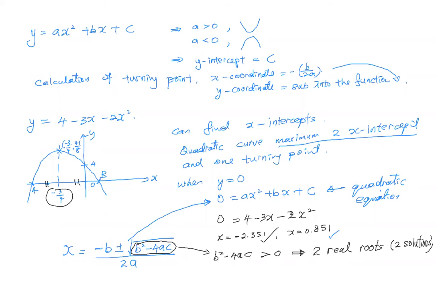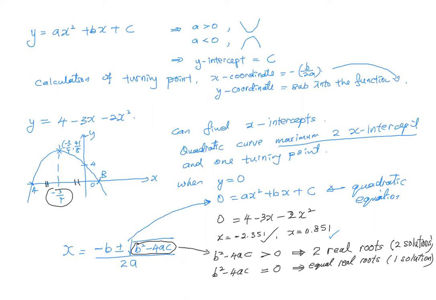If b squared minus 4ac equal to 0, equal real roots. That means one solution, that means only one x-intercept, so-called.